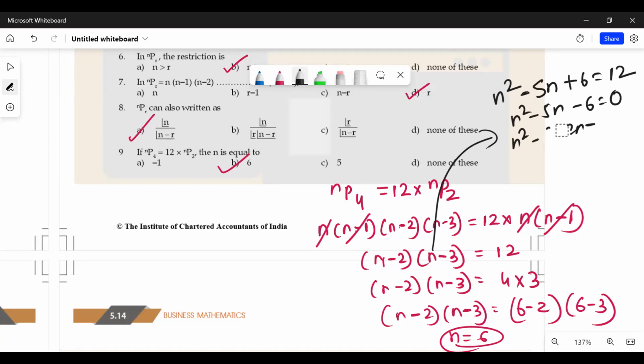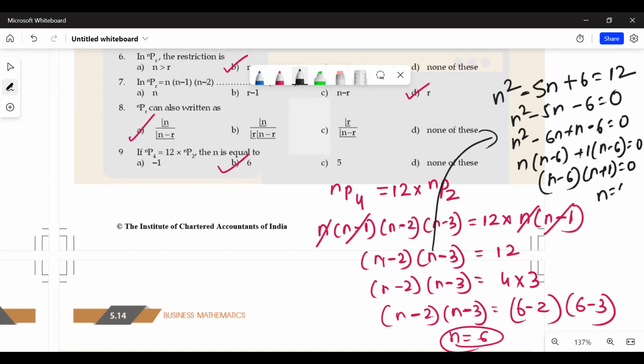So this would be n squared minus 6n plus n minus 6 is equal to 0. So n minus 6 plus 1 into n minus 6 is equal to 0. n minus 6 into n plus 1 is equal to 0. So your n is 6 or minus 1. Now because your n should be a positive integer, minus 1 is not possible. So your answer is 6.